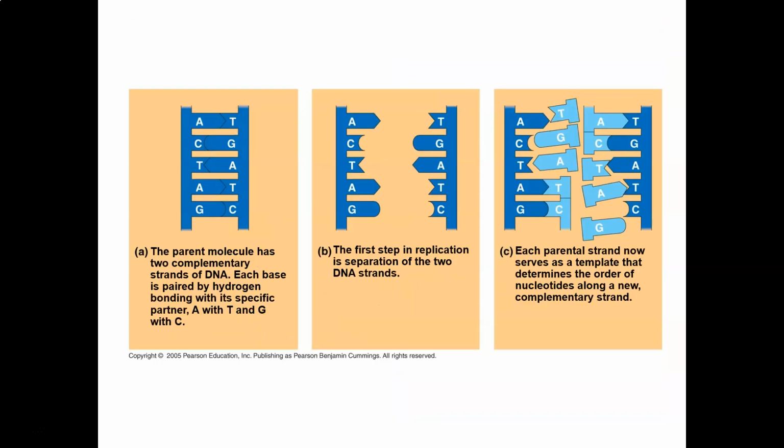And then there are nucleotides in the cell. You can start assembling a new complementary strand, shown in lighter blue, one for each parental strand. So they call the parental strand the template strand, or the parental strand, and then you're making a new complementary strand off of that.